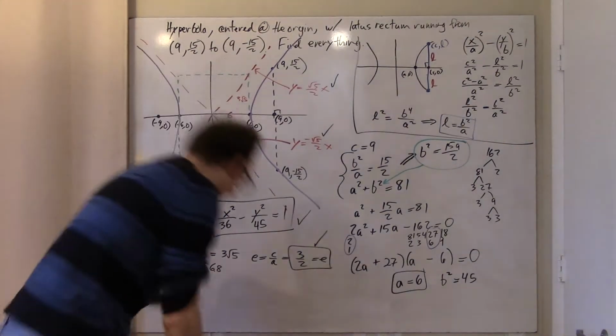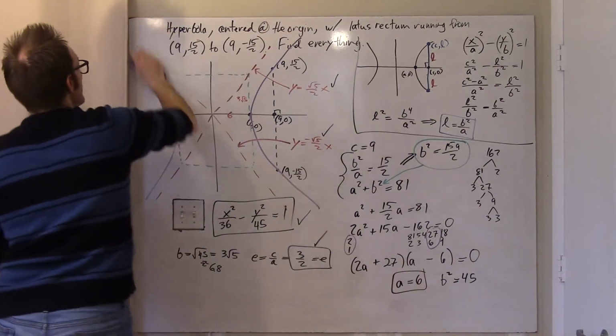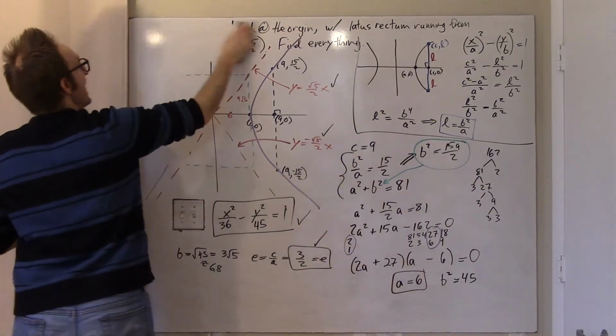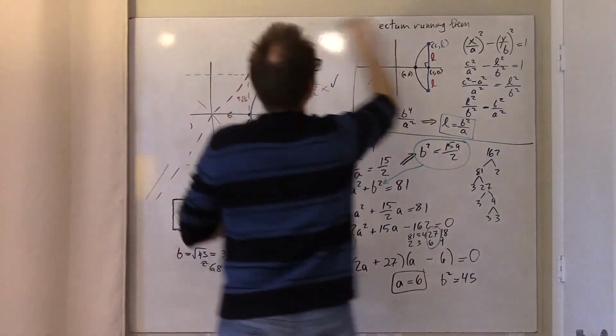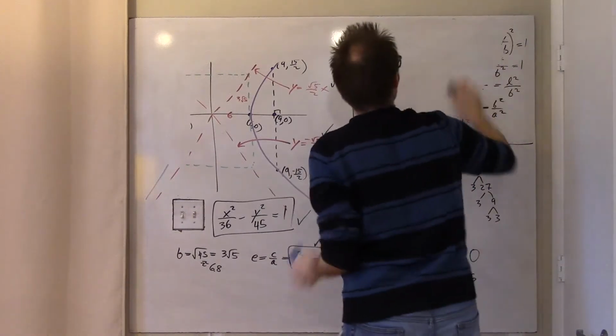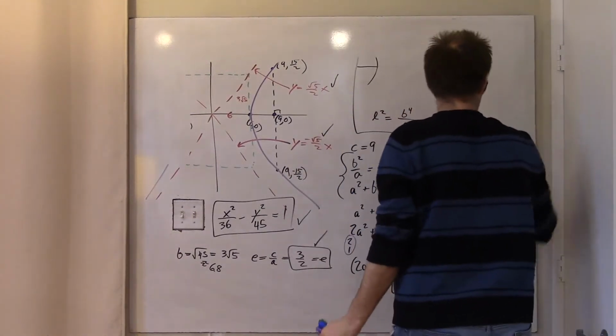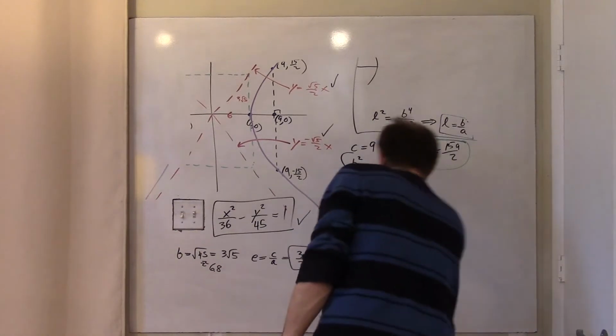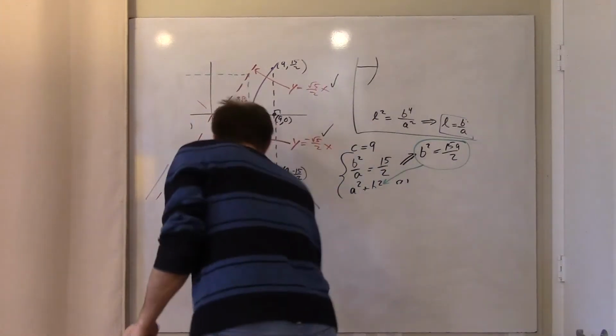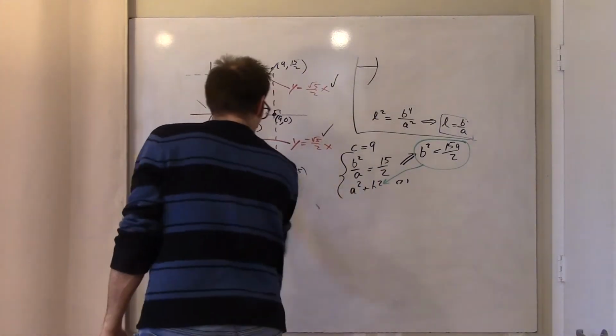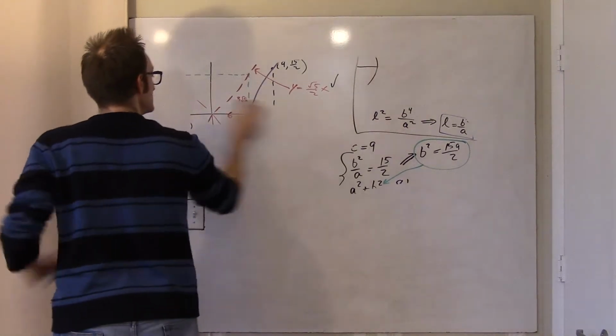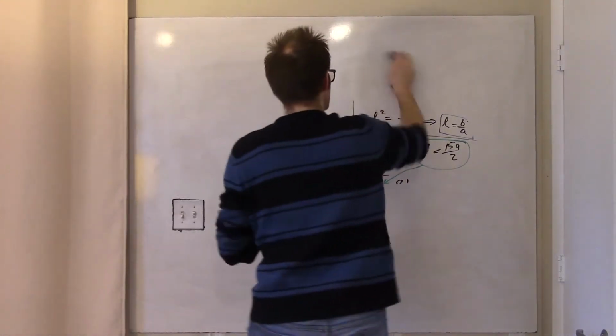Let's do 2 more. The 2 more problems that we have both feature doing a bunch of algebra first to find the equations of the things. So don't be scared of that.